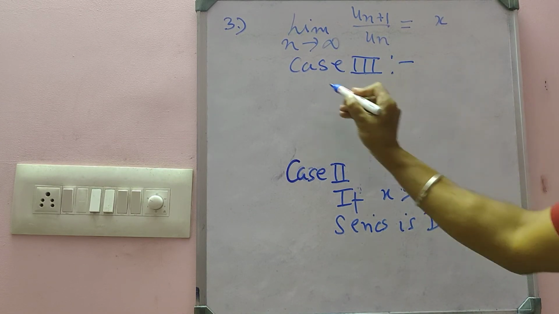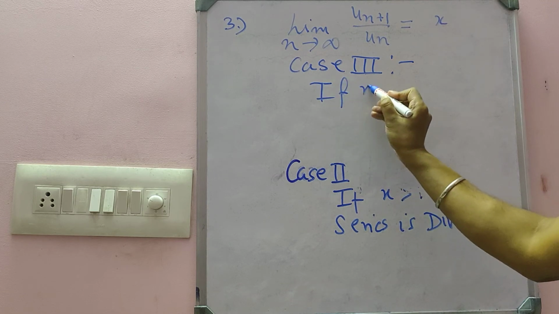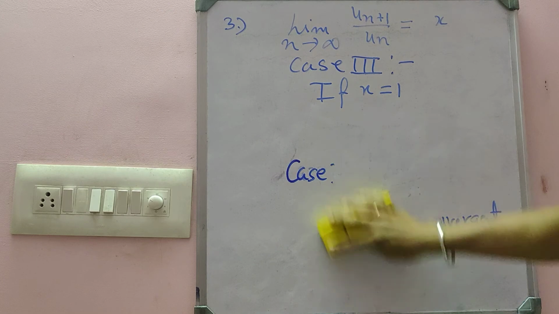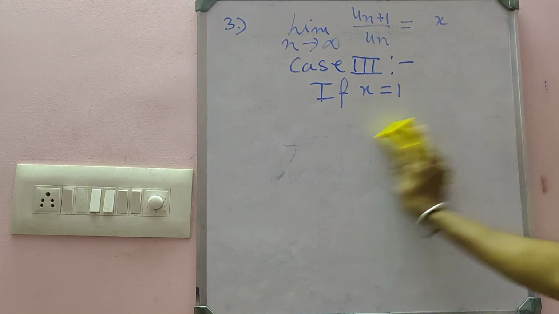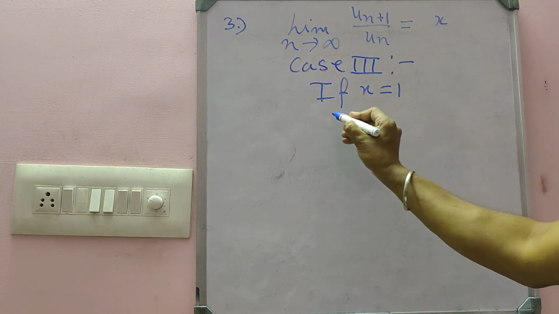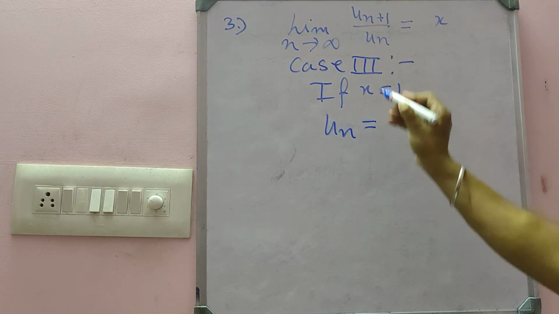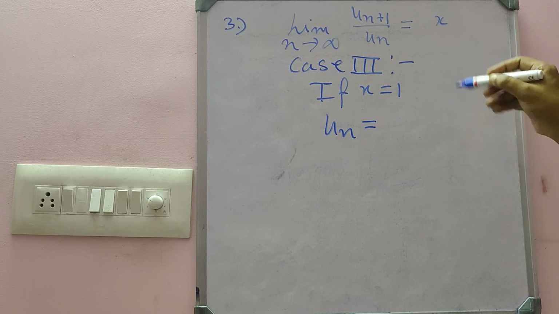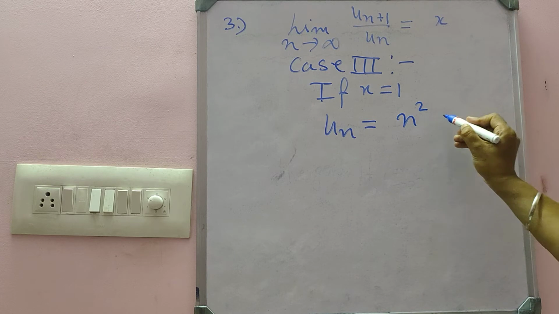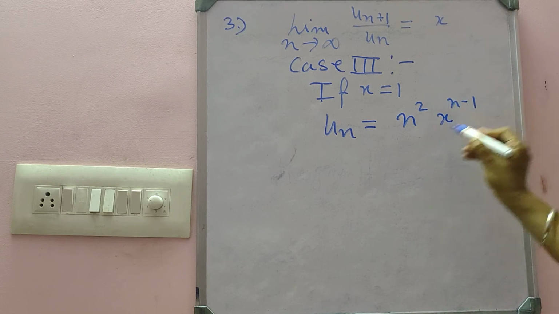Case 3: if x equal to 1, then what will be our series? So if x equal to 1, what will be our un? We have seen our un is n square x power n minus 1.